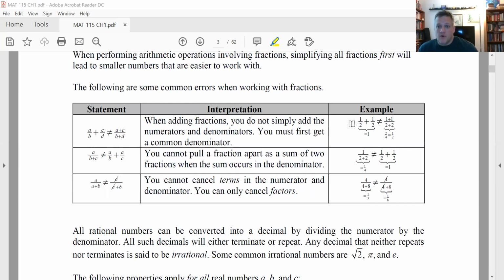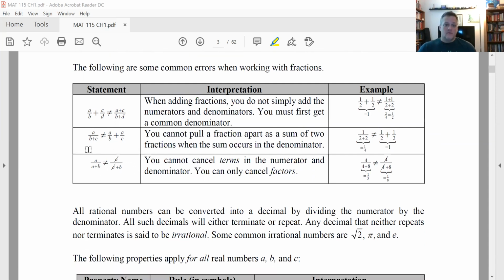And so here is a typical one, and on this column, I'll give you an example to show that it's not true. Right? Over here, you cannot split up a sum in the bottom in this way, right? So if I have a over b plus c, I cannot write that as a sum of 2 simpler fractions, right? You have to keep that sum where it is.